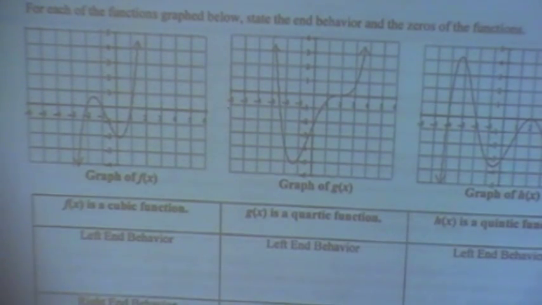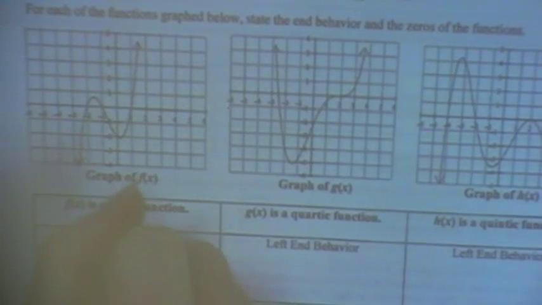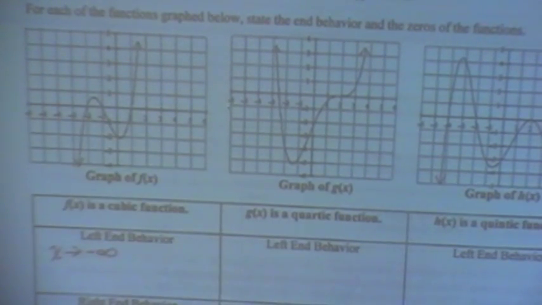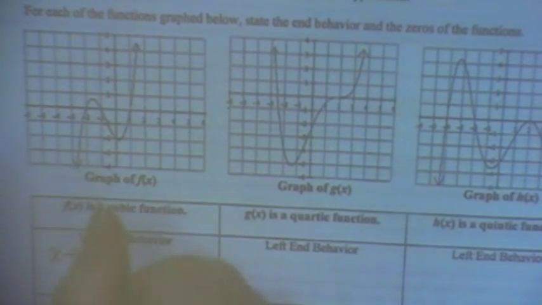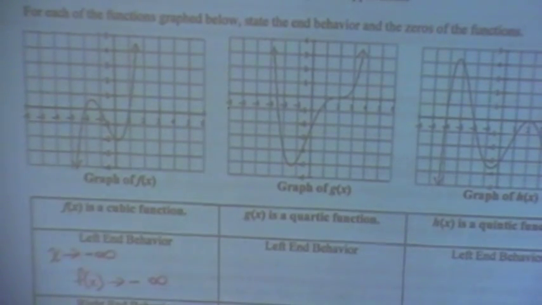So the way you're going to write that is as x approaches negative infinity, meaning that we're reading to the left, f of x is approaching negative infinity. And then when it asks right end behavior, we're starting in the middle and we're reading from the middle to the right, just like normal.